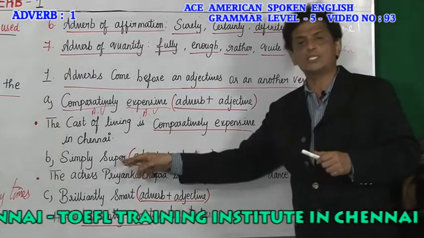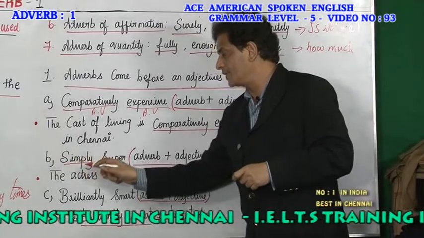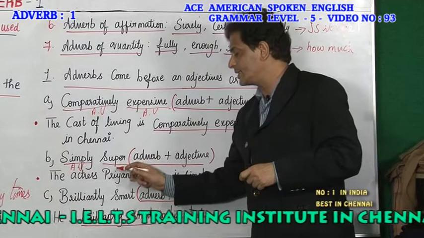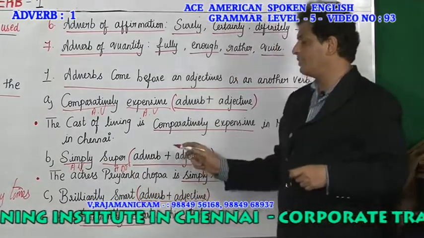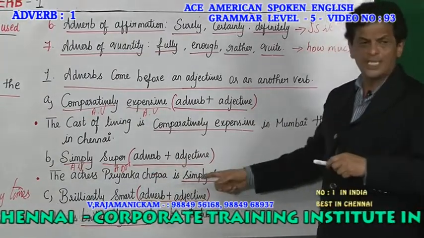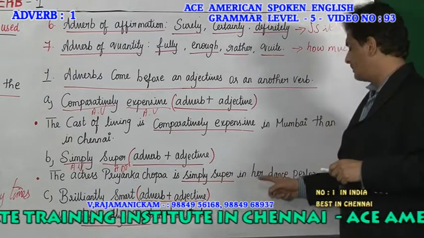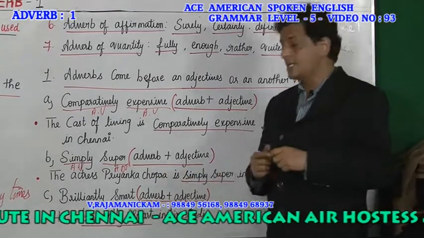See, simply super. Words ending with LY are adverbs. So super is an adjective. Adverb and adjective. The actress Priyanka Chopra is simply super in a dance program. So super is an adjective, simply is an adverb. Next, brilliantly smart.